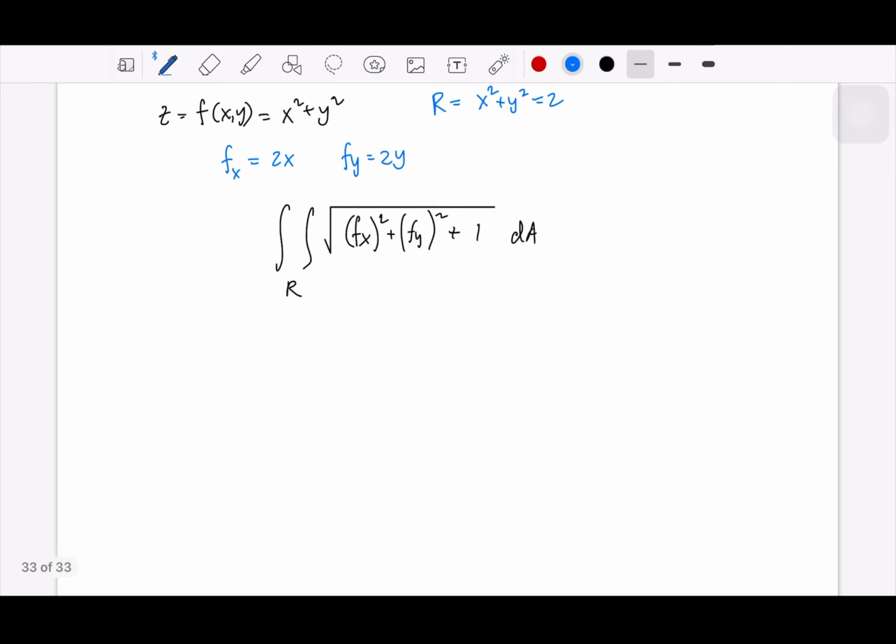And then let's input the variables x and y inside. So we could have 4x squared and 4y squared, so let me write x squared plus y squared plus 1.